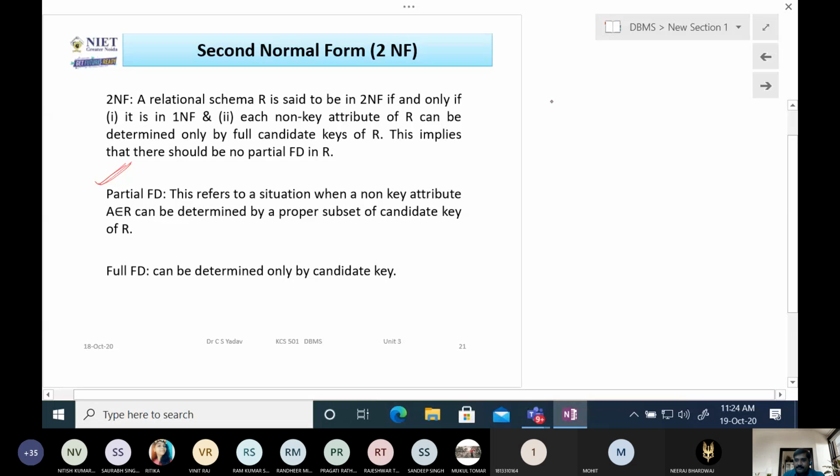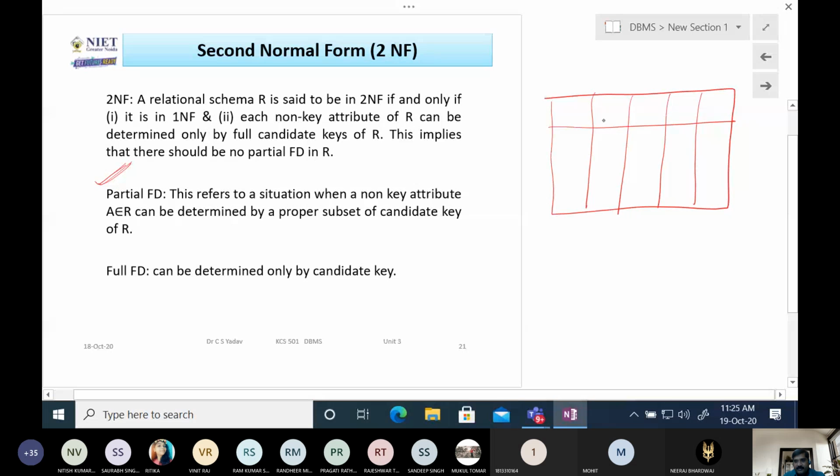Now see here, if you have a table in which there are various attributes A, B, C, D, E, and the candidate key is the combination of A, B. Then A, B determines C, A, B determines D, and suppose A determines E.